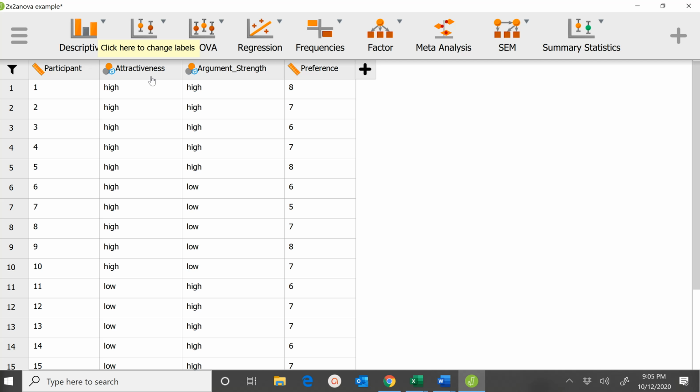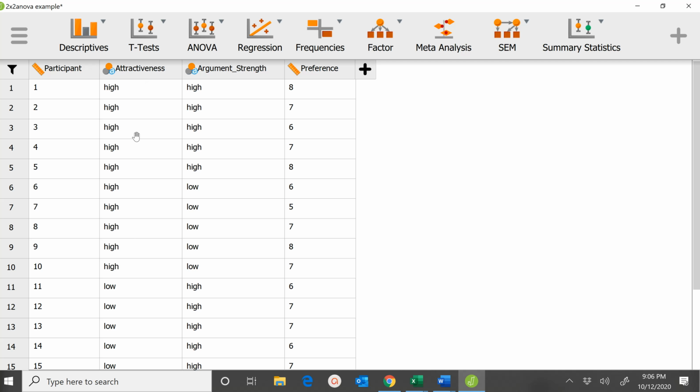So we could say attractiveness is, let's say, the attractiveness of a model in an advertisement, and argument strength is the strength of the argument promoting a product in an advertisement, and preference is the participant's indicated preference after being randomly assigned to a condition in this 2x2 design.